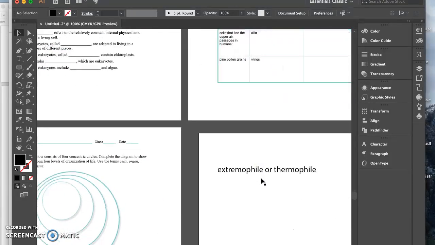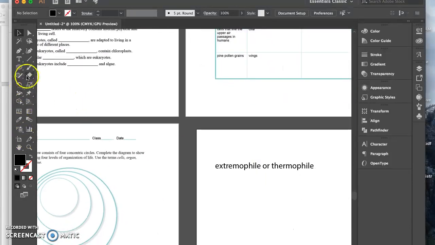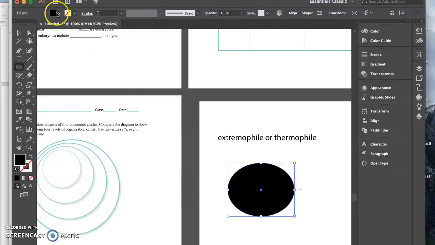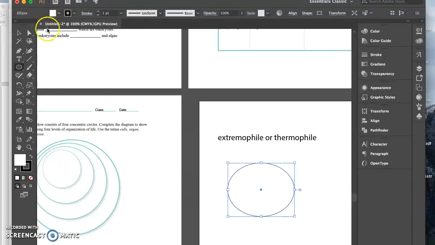So let's look at some of those terms really quickly. I'm going to draw out a circle here. If these are all of the living things inside of the circle, we can make a circle within it.